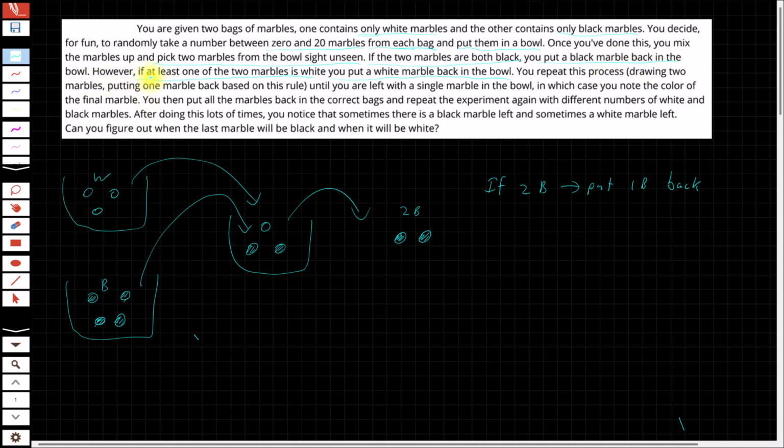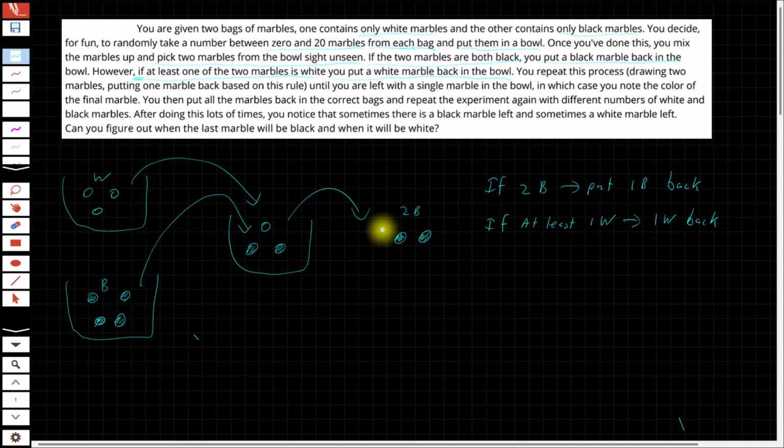However, here's the second part of the rule, if at least 1 white, if at least one of the 2 marbles is white, you put a white marble back in the bowl. That means 1 white back. And we repeat this process.